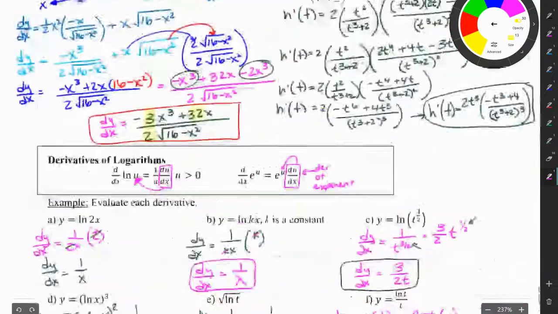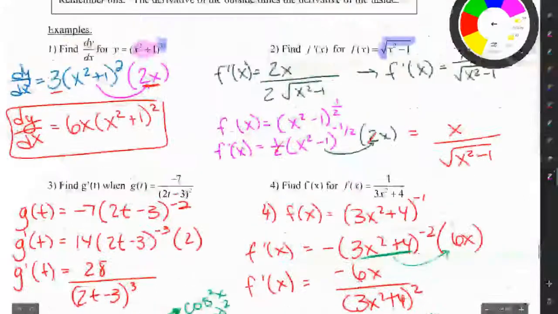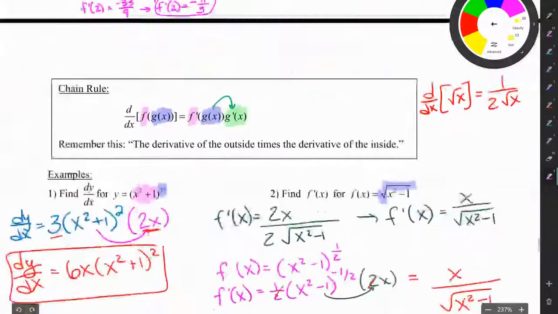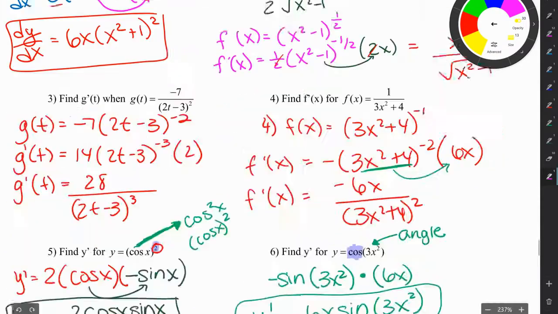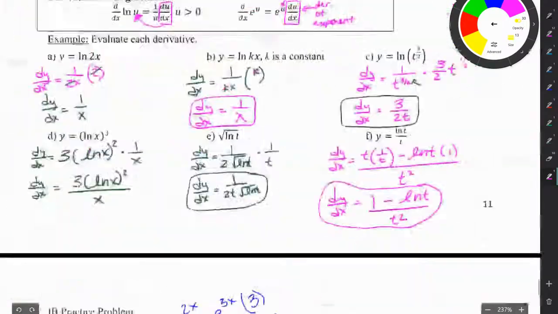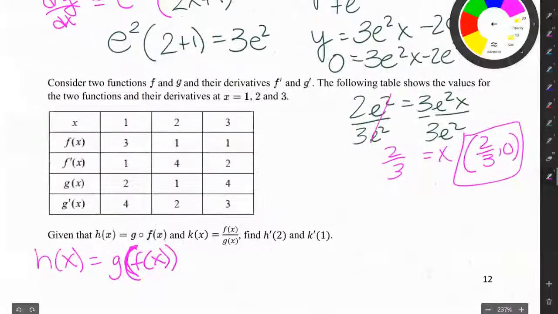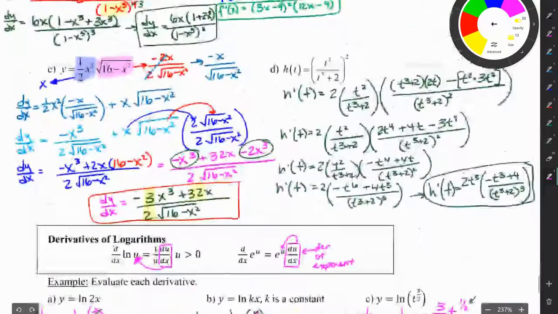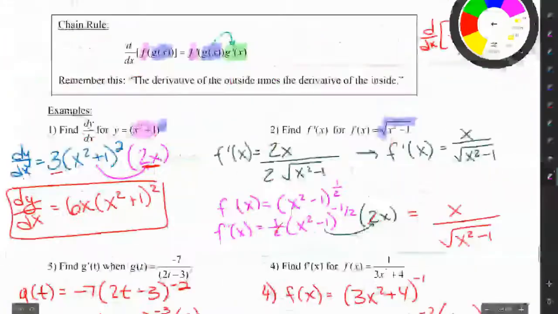So if we go back in our notes, chain rule. So the chain rule is f prime of g of x. So h prime of x is going to be, let's just double check and make sure we have the right letters in the right order.